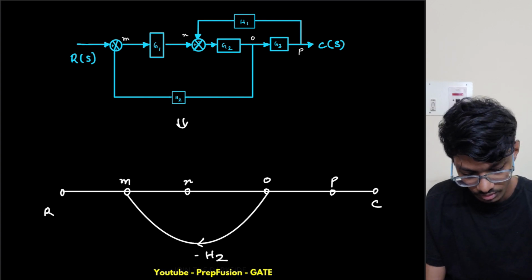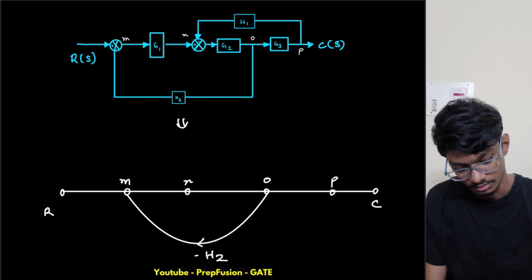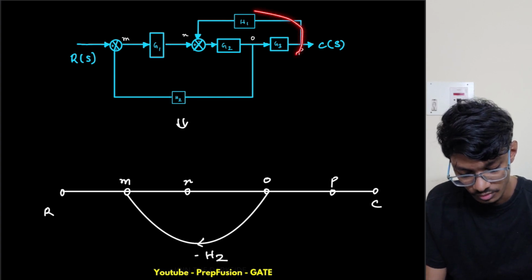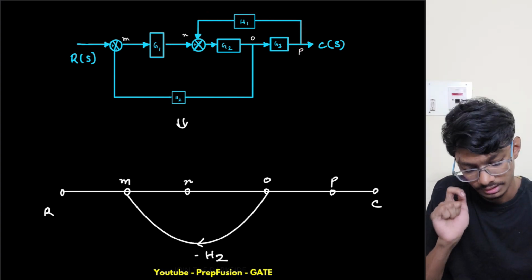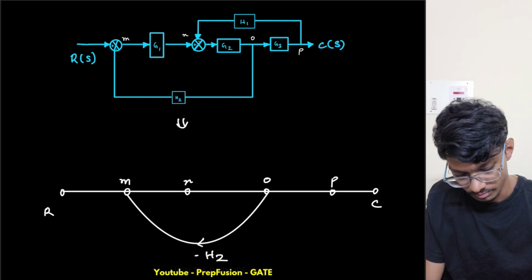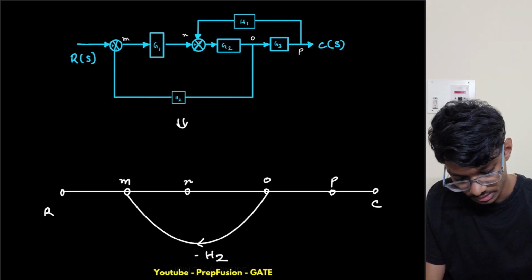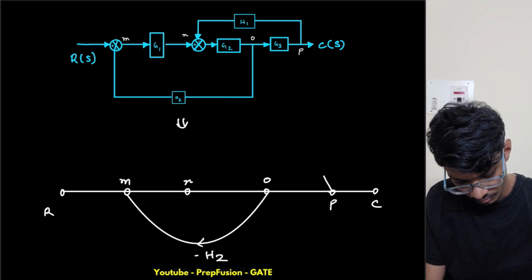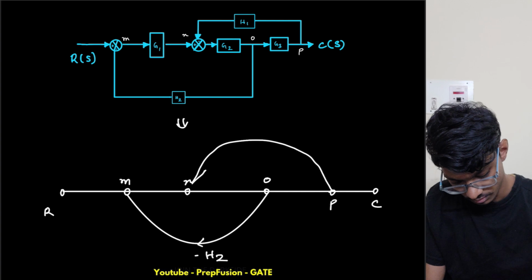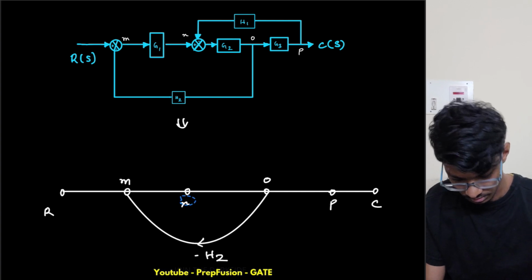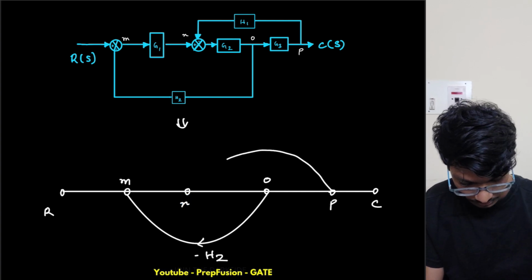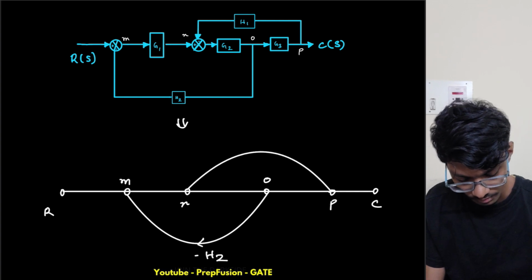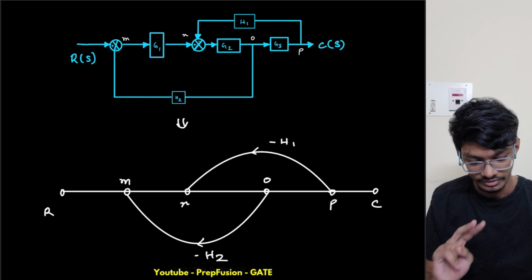From O to P we have a gain, that is another thing, but from P to N we have another negative feedback of minus H1. Let me write this P at the bottom. So we have two feedbacks.